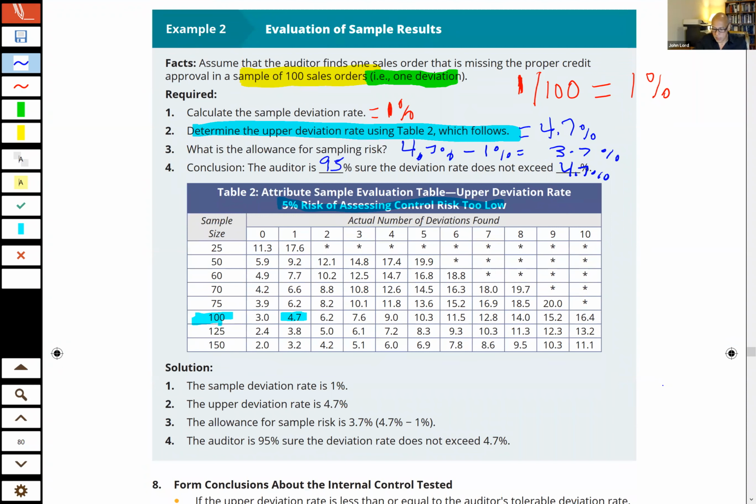If I were at a 1% risk of assessing control risk too low, there'd be a different chart. So there are charts about this, and there are ways to evaluate the sample.